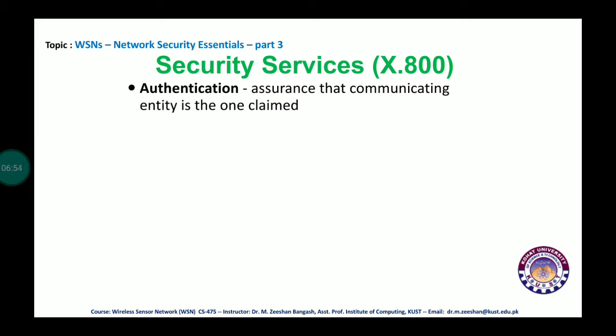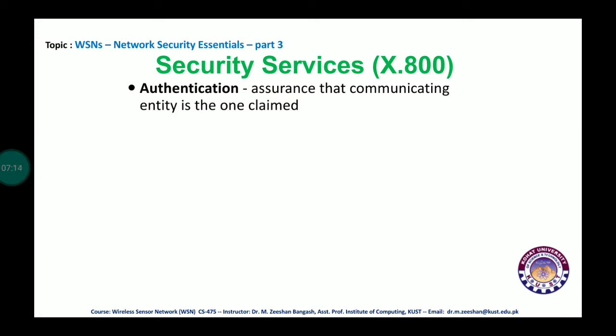However, the broad service categories include, first, authentication. Authentication is concerned with assuring that a communication is authentic, and two specific authentications are defined in X.800.